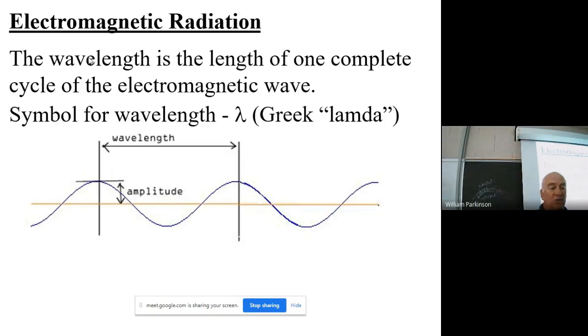So one of the things you should take from this is, like for a water wave, if it's got big amplitude, it takes a lot of energy to generate a big amplitude disturbance of the wave. The more energy it has, the bigger this amplitude is going to be. Now, if it's a sound wave, it's the same thing. A sound wave with big amplitude is an indication of, very familiarly, the loudness.